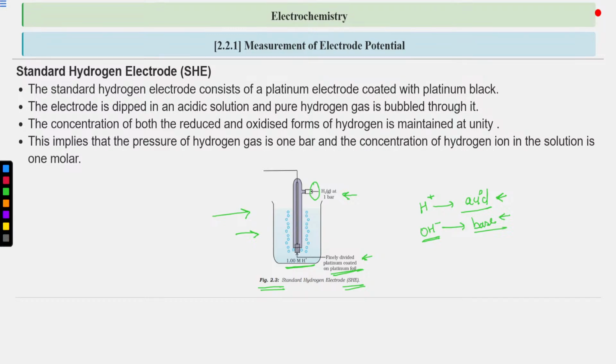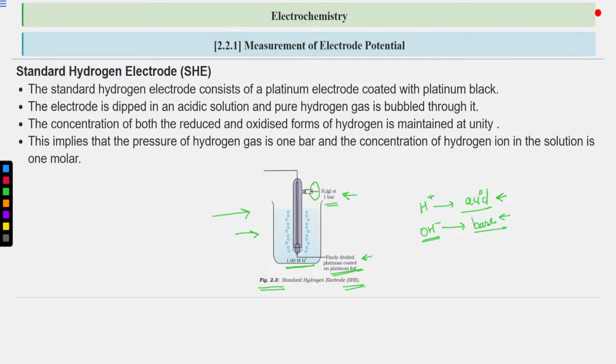Hydrogen gas at 1 bar pressure, 1 bar because we are talking about the standard hydrogen electrode, you pass through for providing the metal, which here is hydrogen. In other cases it is some metal, but here it is hydrogen. So you are passing the hydrogen gas through this opening, and it goes inside and does the reaction.